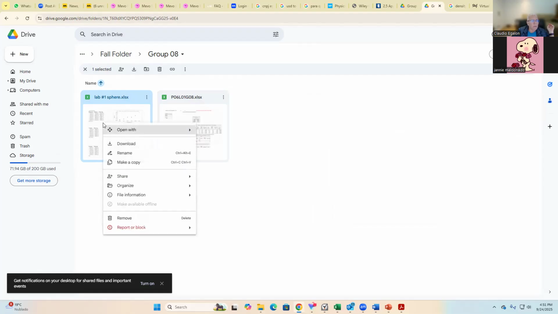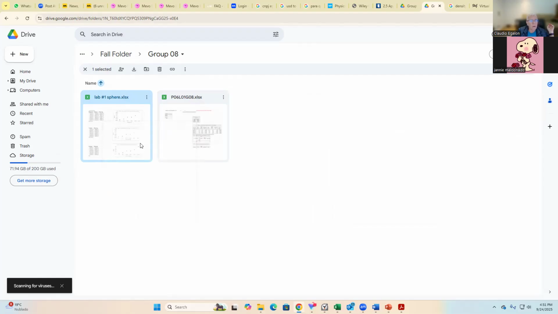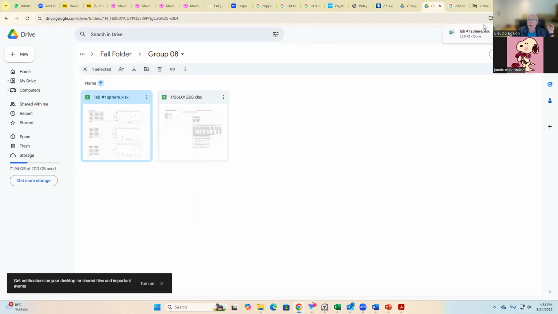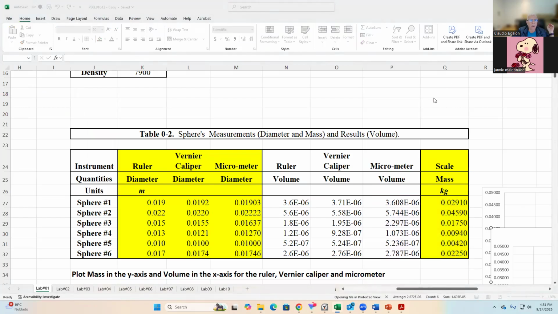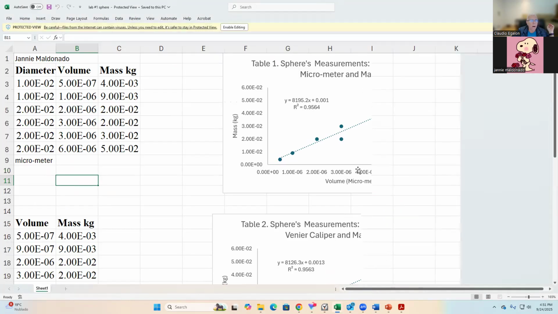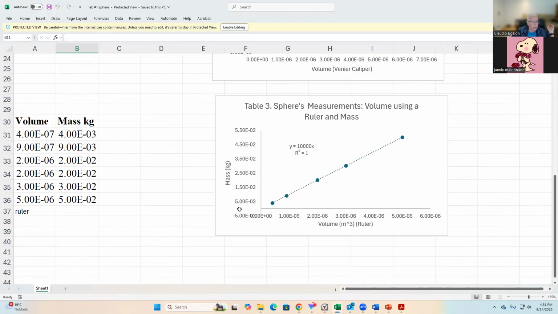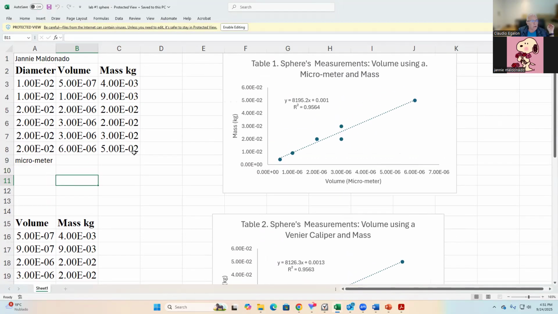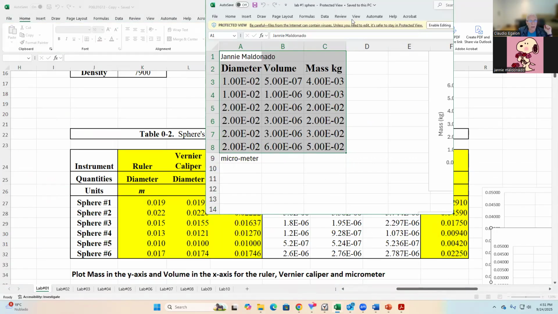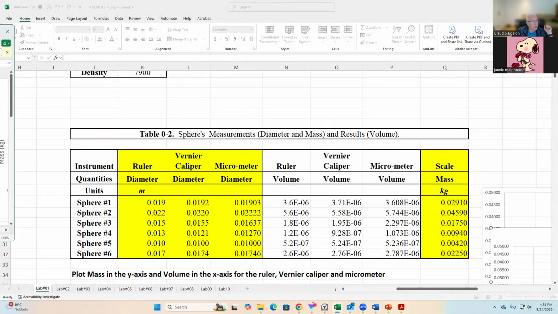Okay, and let me see what you did here. Download. I know you said you don't like the titles, but I'll take them off. One important thing: do not change the format of the spreadsheet. You need to keep everything that you did here in that original spreadsheet.